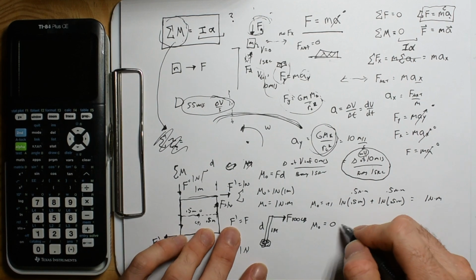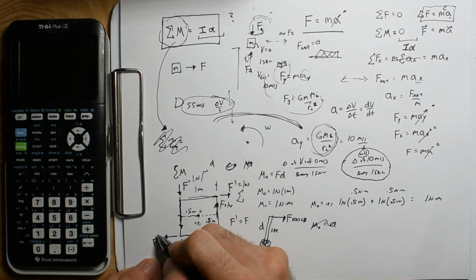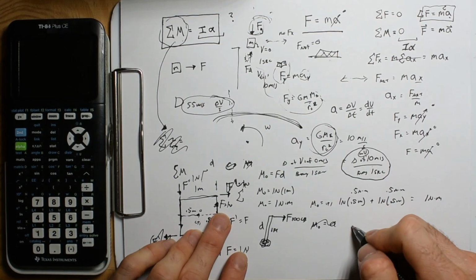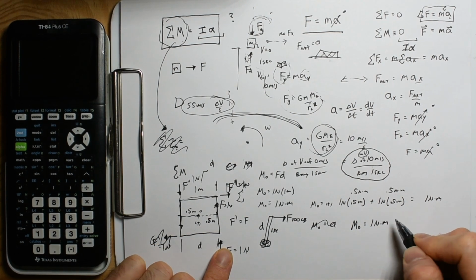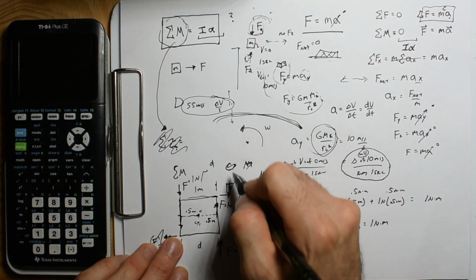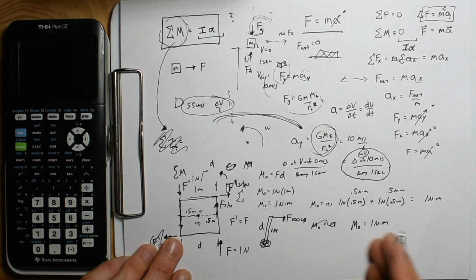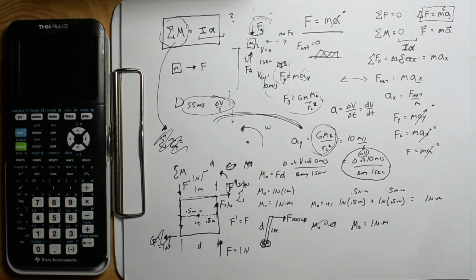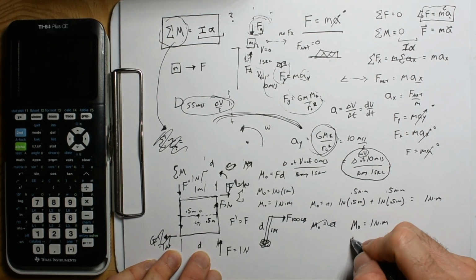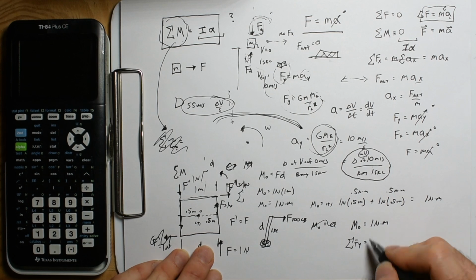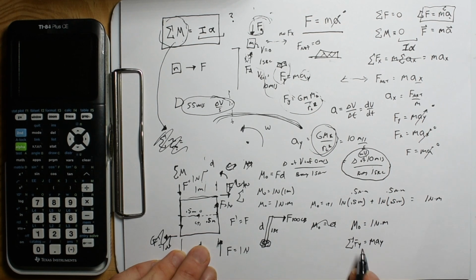But now we're going to say, whoa, we don't have those two forces. So we actually do have a net moment of 1 Newton meter. And we do know that this is going to cause rotation. Just by definition, having a moment is going to cause rotation. If we do the sum of the forces in the y, so here's the y direction, the sum of the forces in the y is equal to mass times acceleration in the y.